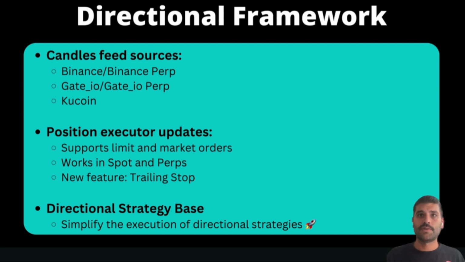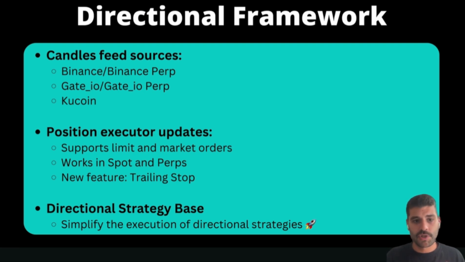And also, you can create much more complex strategies if you are using market orders, because you don't need to place or allocate your liquidity in a limit order. You can have the Position Executor controlling the price that has to trigger the execution, so you can use the whole capital, and then when it's time to send the order, it's going to send the market order. But you don't have to expose all the capital with limit orders at the same time.